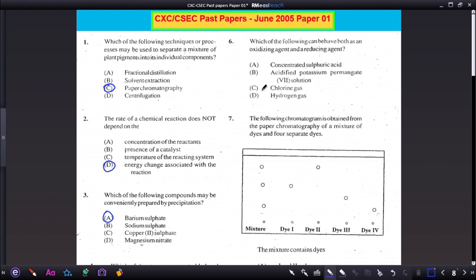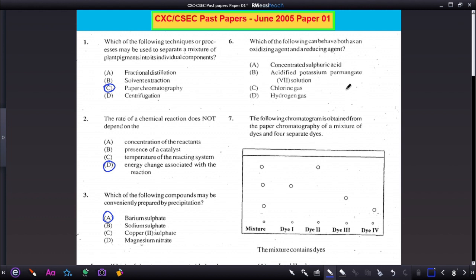None of these options are reducing agents, right? They are all oxidizing agents only. So maybe the examiner made a mistake and should have had, for example, I'm thinking maybe sulfur dioxide should have been right here where concentrated sulfuric acid is.